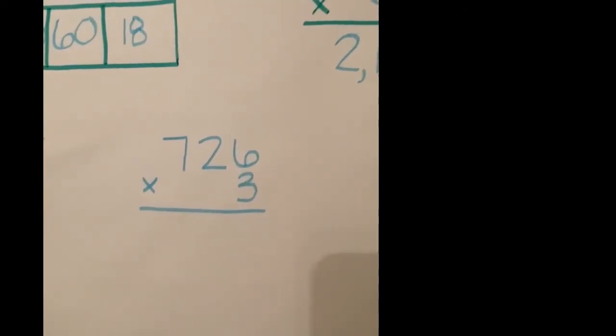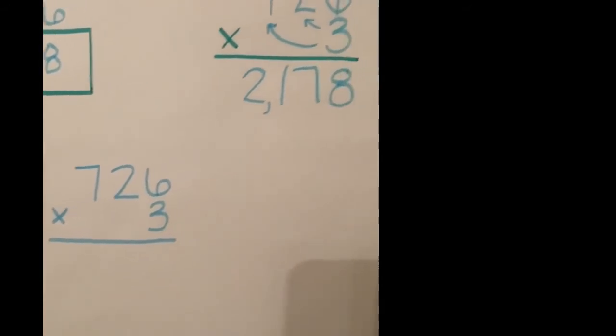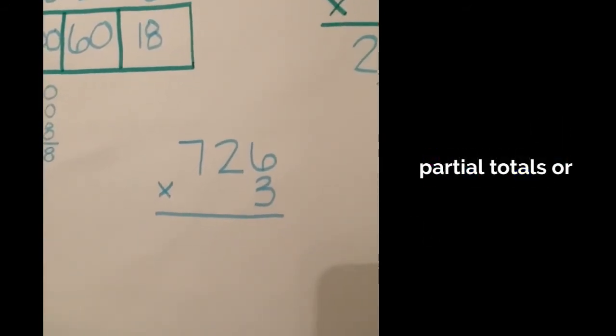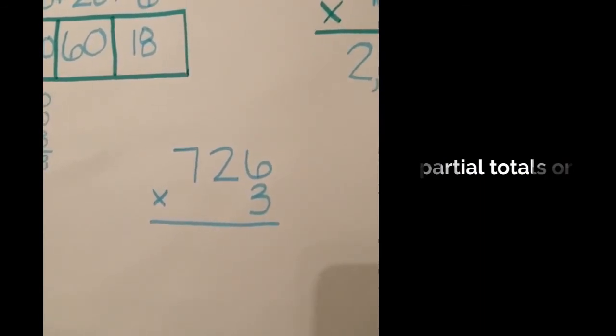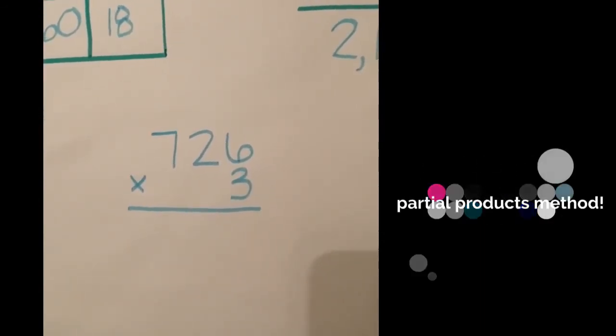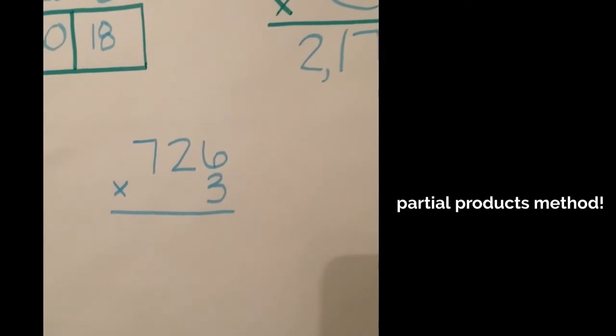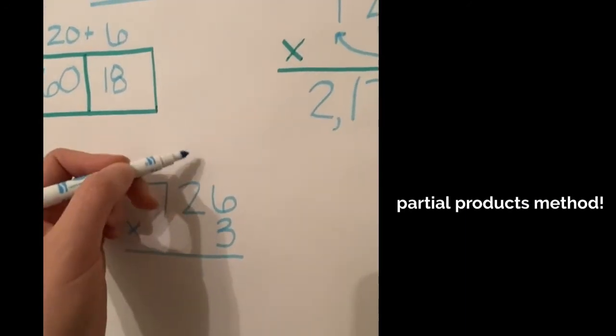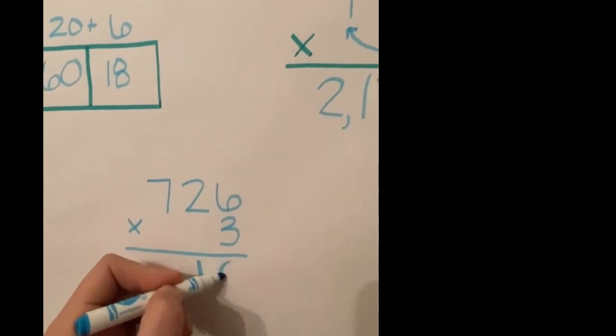Now this next method is almost a combination of the two, but it's called the partial totals method or partial products, and I'll walk you through that now. So I do 6 times 3, which again is 18, and instead of bringing the 1 up here, I would just write it down below.